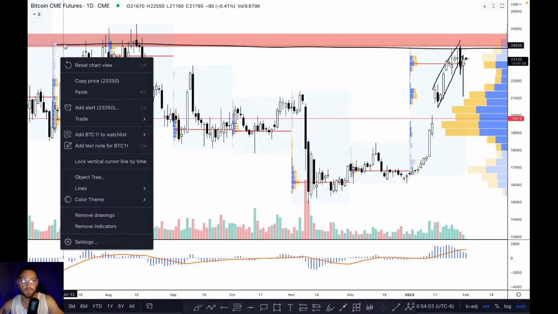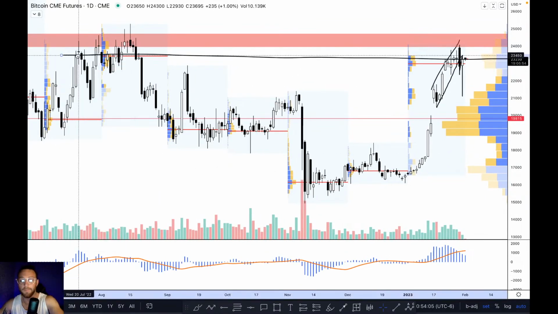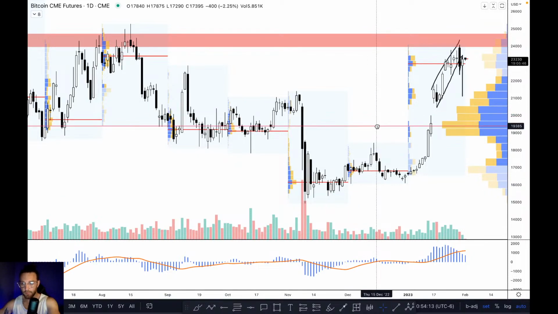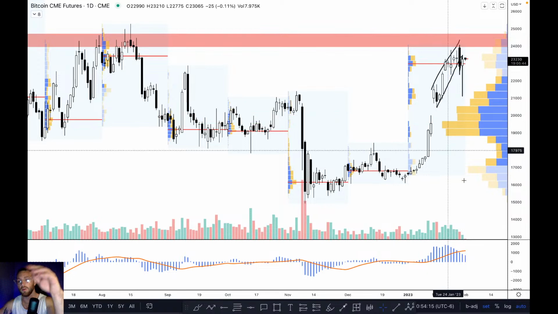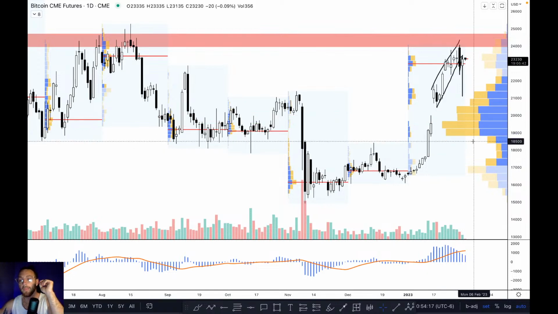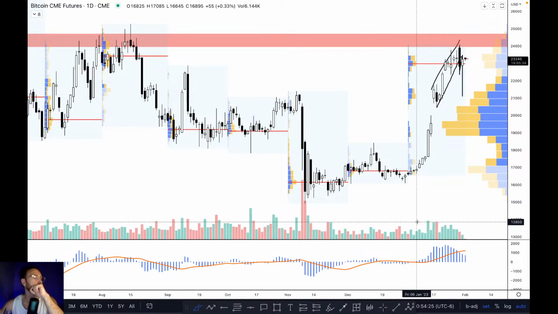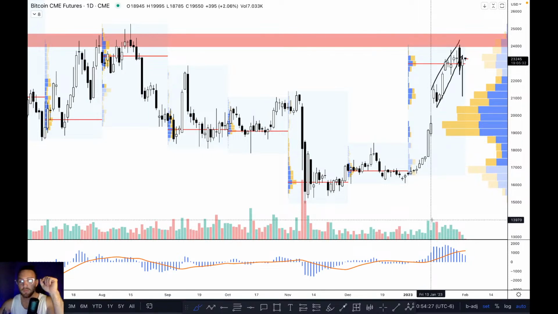Okay. And I got a bunch of drawings everywhere on this. But this is an important price at 20K, basically. So you can just put 20K on your chart. It's an important price. The one thing I want to note here is this volume on the daily. It was good.